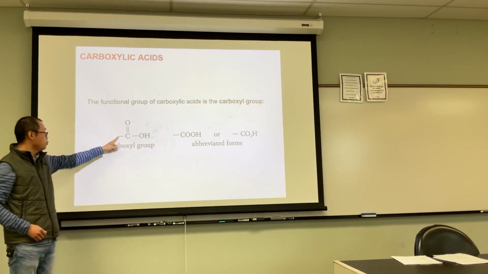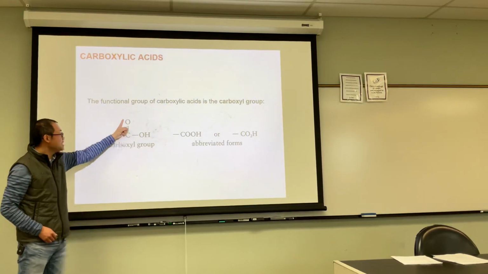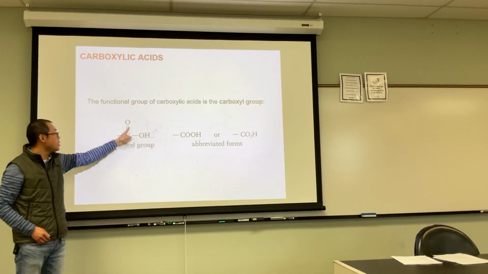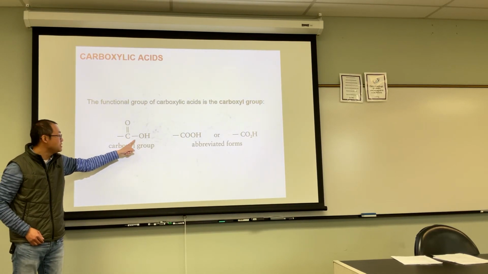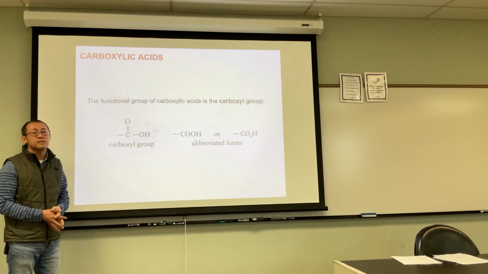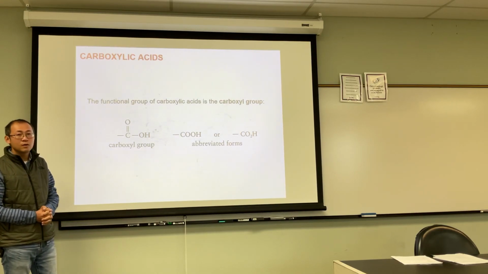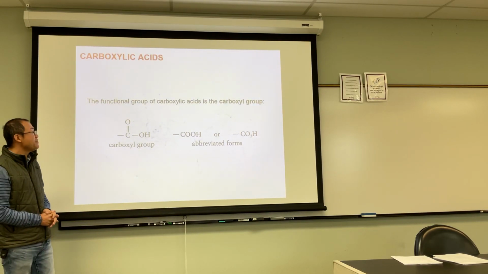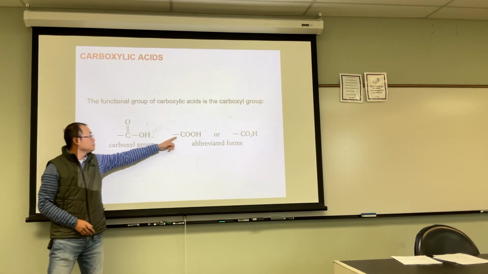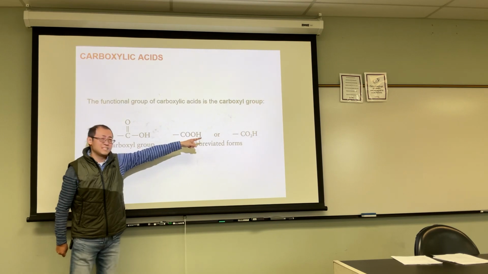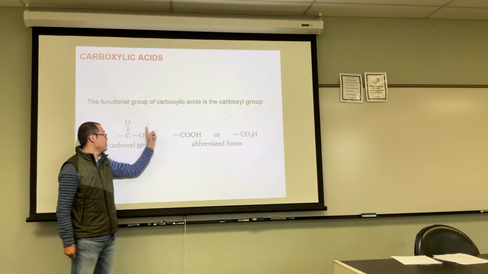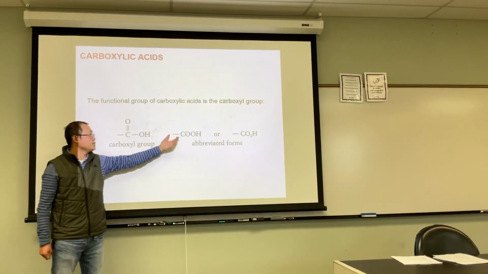Of course, the other group will be a carbon group. But this is the functional group with a C=O double bond. We know that's called a carbonyl group. And on the carbonyl group, there's a hydroxyl group. Okay, COOH. A lot of times, we abbreviate it into this format, COOH. That one is less commonly seen. This one and that one are very commonly seen.